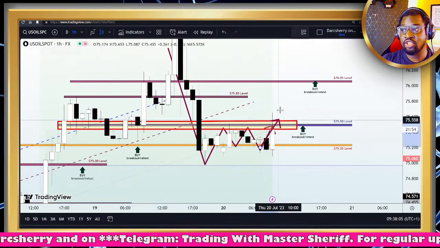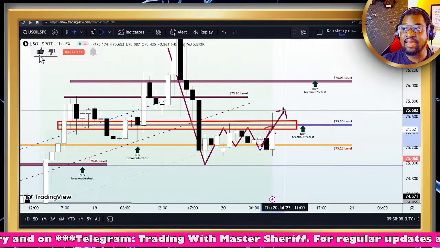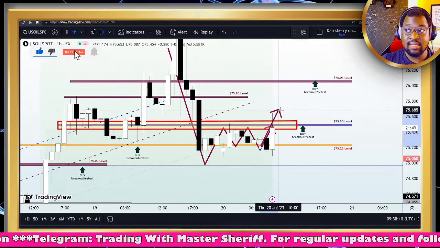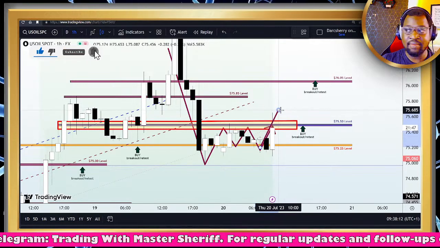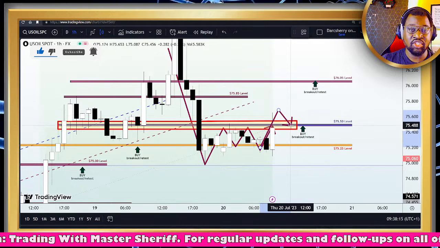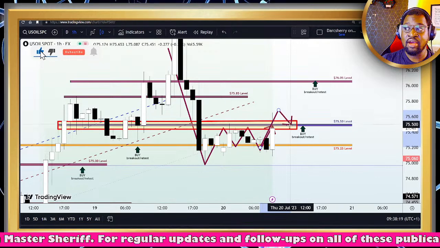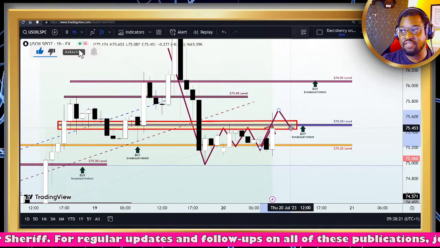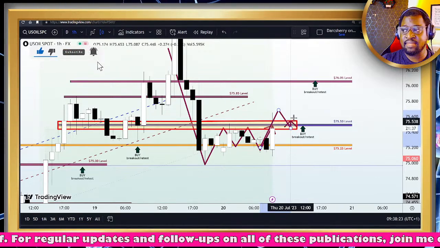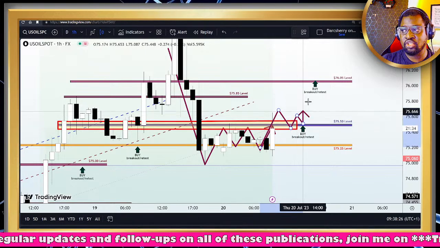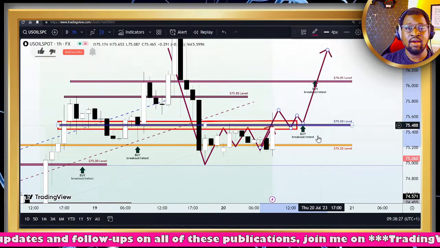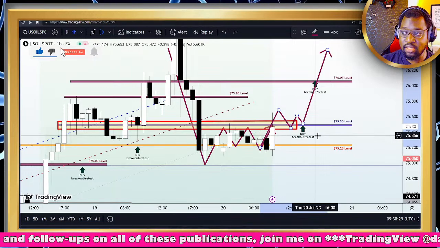In fact, not just only breaking out of the neckline, giving us a confirmation that this is actually a good time to join a trend continuation. And this will of course reflect on the chart as price action retesting the $75.50 level probably a couple of times before we can now position ourselves ahead of the bullish momentum.